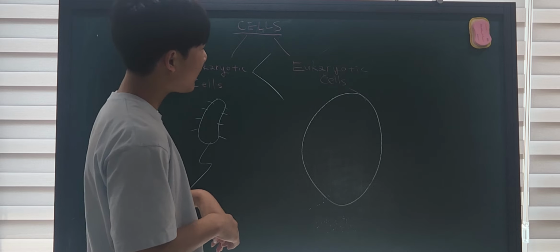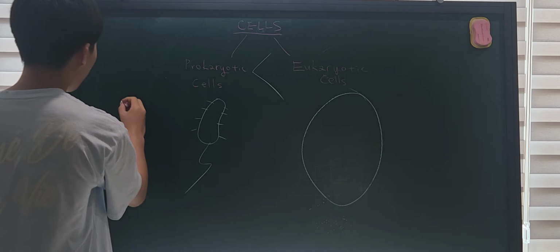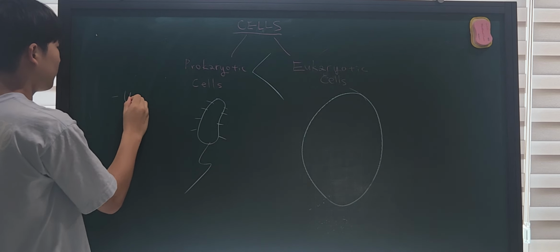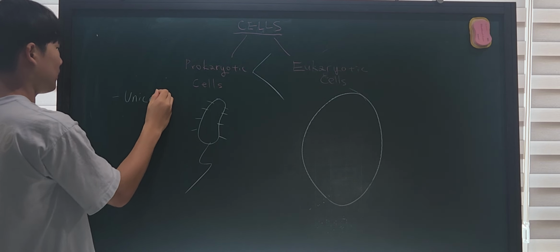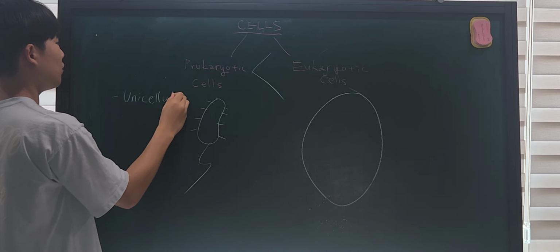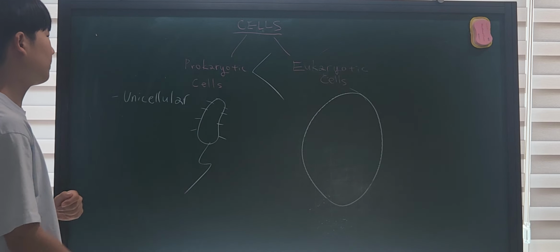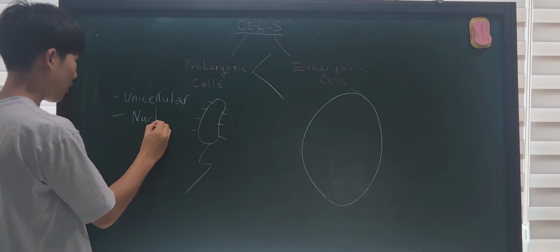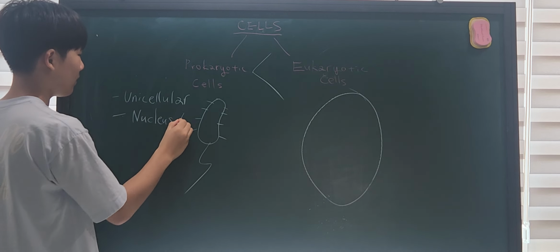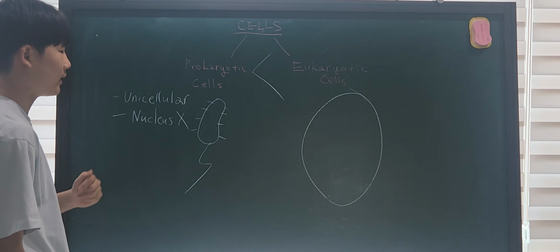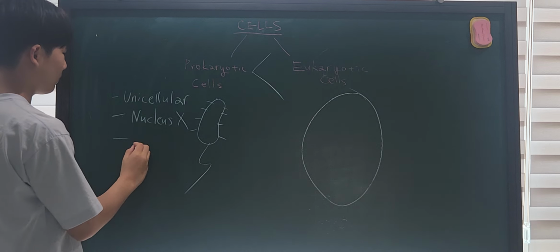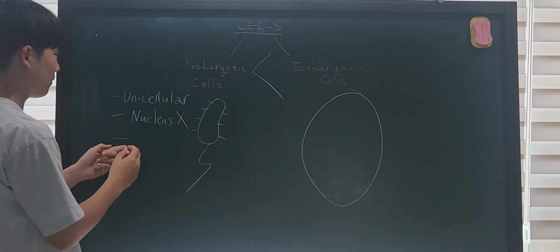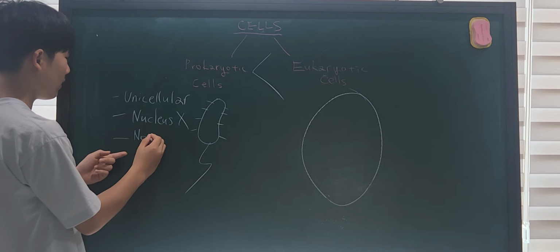Let's start with the traits of each cell. The prokaryotic cell, as you can see from here, is always unicellular. Also, everyone knows what a nucleus is, right? No nucleus. We're going to learn about this concept after a while.